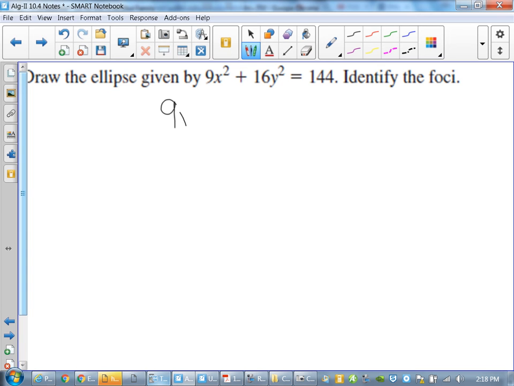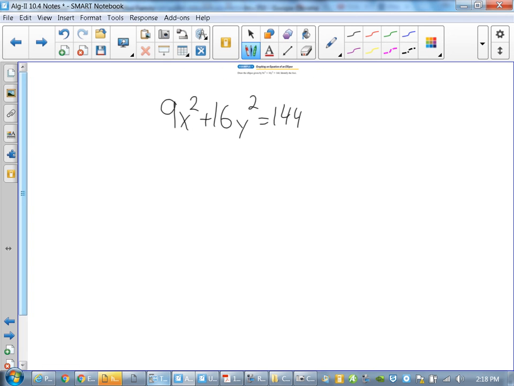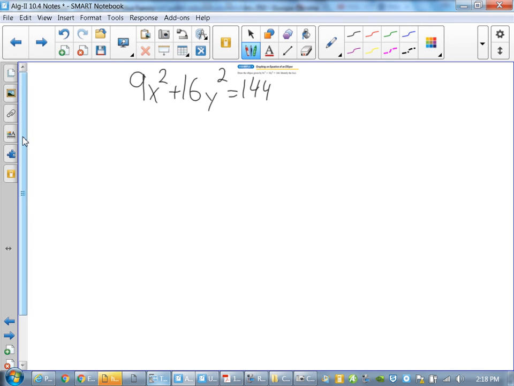We have 9x squared plus 16y squared equals 144. We want to graph, label, everything. Now, the generic form of the equation of the conics that we're dealing with, whether it's going to be an ellipse or a hyperbola, is that they're both going to wind up having to equal 1.